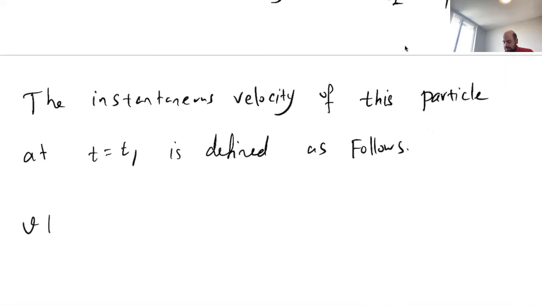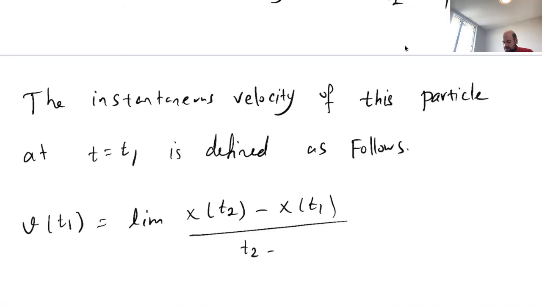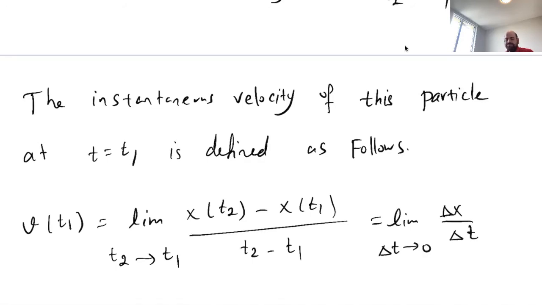So v of t1 is equal to the limit of x of t2 minus x of t1 over t2 minus t1 as t2 approaches t1, which is the same as the limit of delta x over delta t as delta t approaches 0.